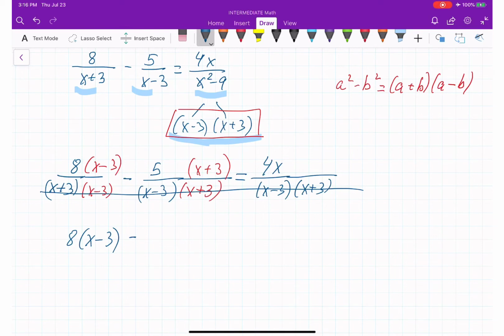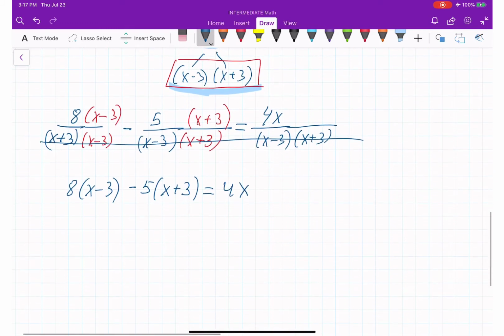So when I distribute this 5, it's going to change the sign inside of the parentheses. So you will see in a minute. And that is equal to 4x. All right, so we distribute: 8x minus 24. Now, minus 5x minus 15. And that is equal to 4x.